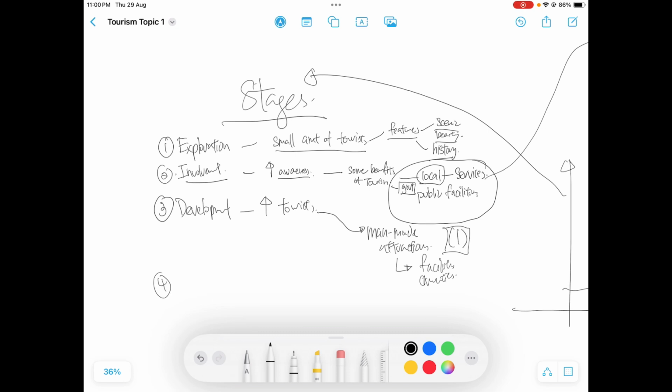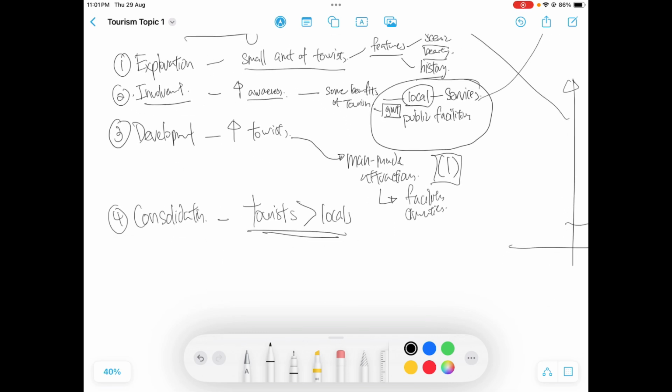So for the fourth, the consolidation stage. The key thing over here is tourists outnumber locals. And the main economic activity is tourism, right?